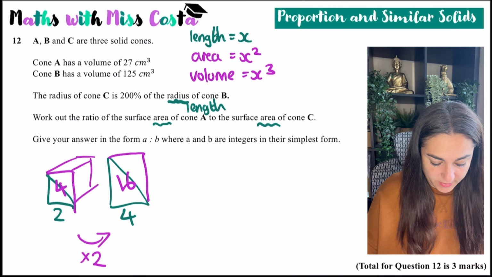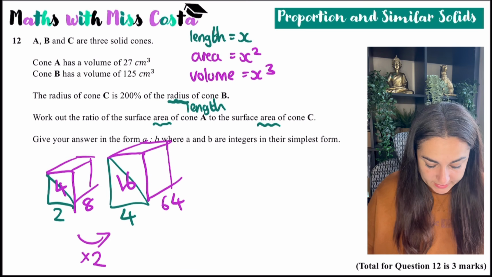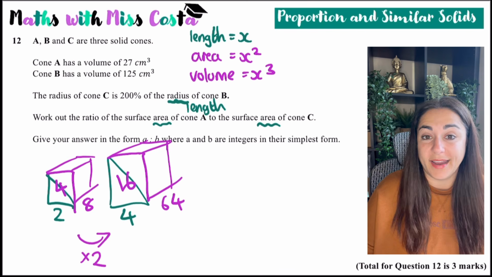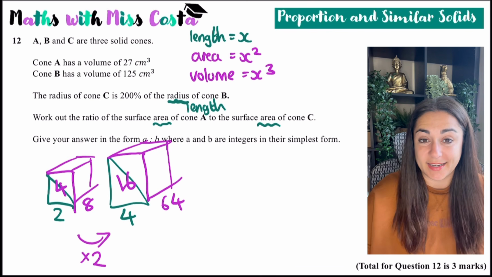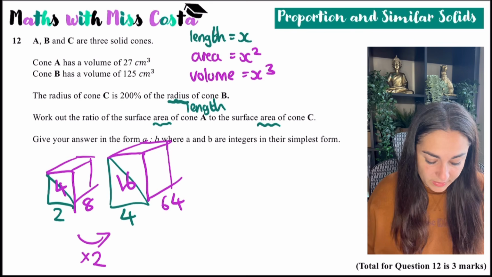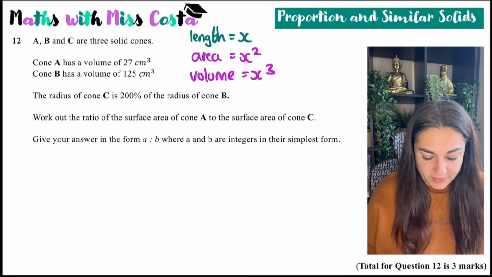Again to demonstrate with a random little cube, if this was the volume, 2 cubed is 8 and 4 cubed is 64. So that's why the scale factors end up being x, x squared and x cubed, because each time you're multiplying by another dimension. But that's just a really brief whistle-stop tour of why that exists.